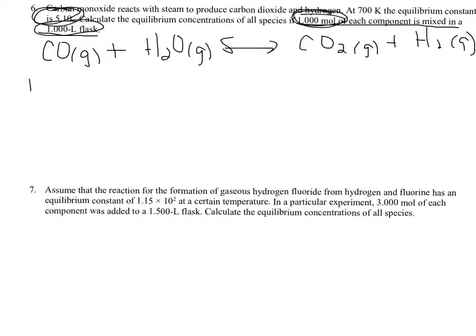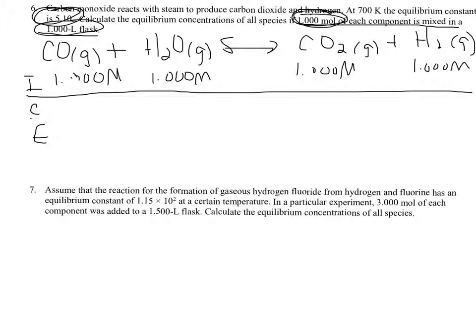So the idea here is that if I look at my initial amounts, we've got 1.00 molar for each of these species. So we're not just starting with reactants, we're starting with some reactants and some products. What we're going to need to do before we can look at this change row is assess, well, are my reactant amounts going to decrease?